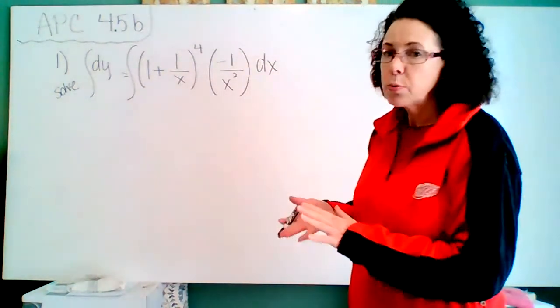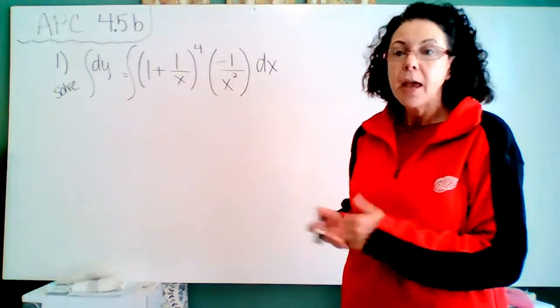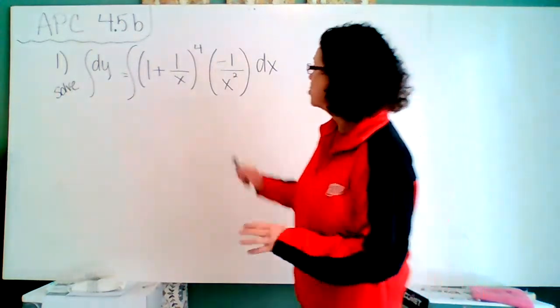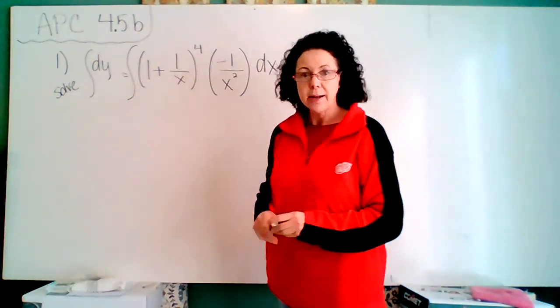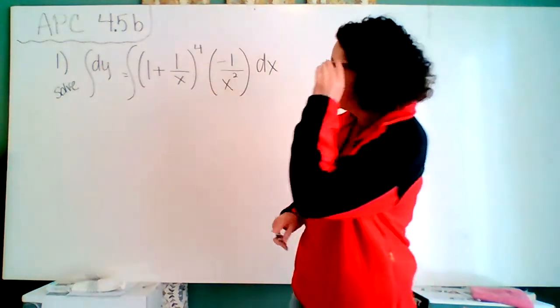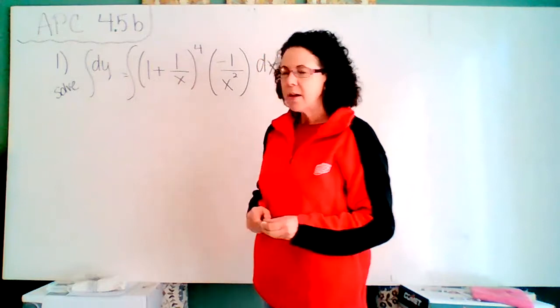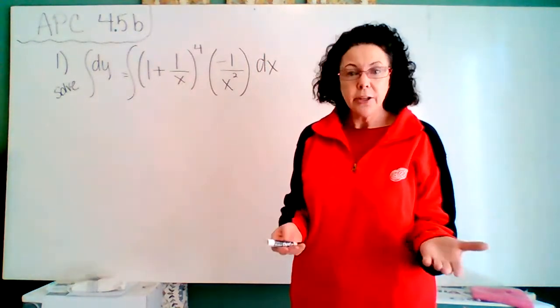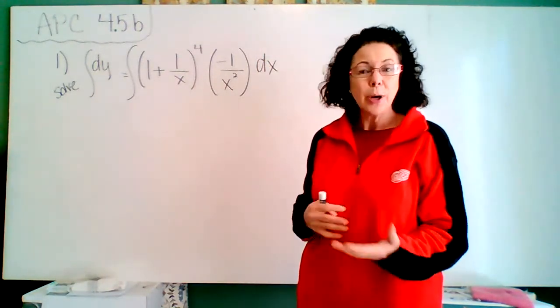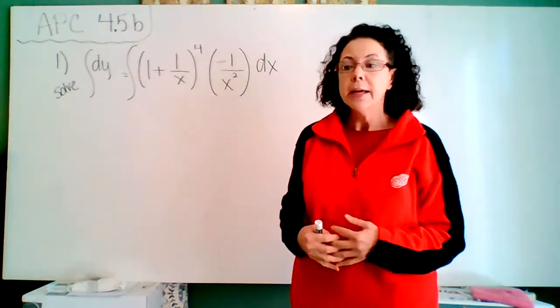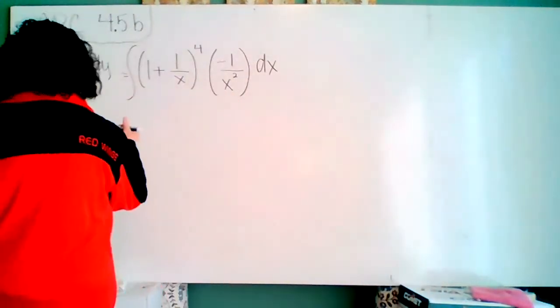Okay, so here's what I mean. When we integrate, notice this integrand has a product. I do see an inside function of 1 plus 1 over x. And so I'm wondering if my u, even though this looks complicated, do I just do the same thing I always do? And the answer is yes, you do.